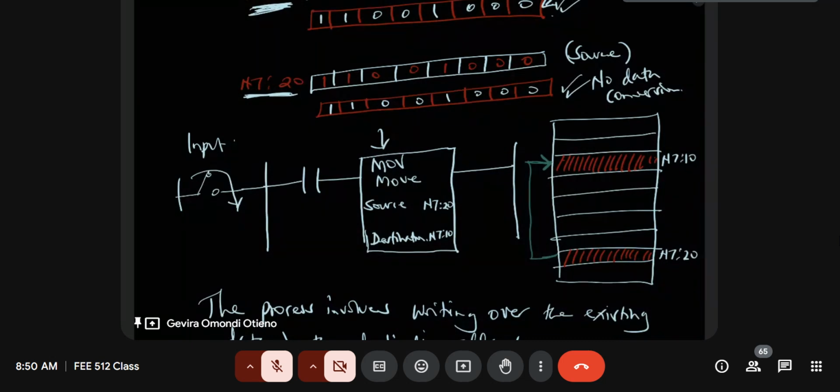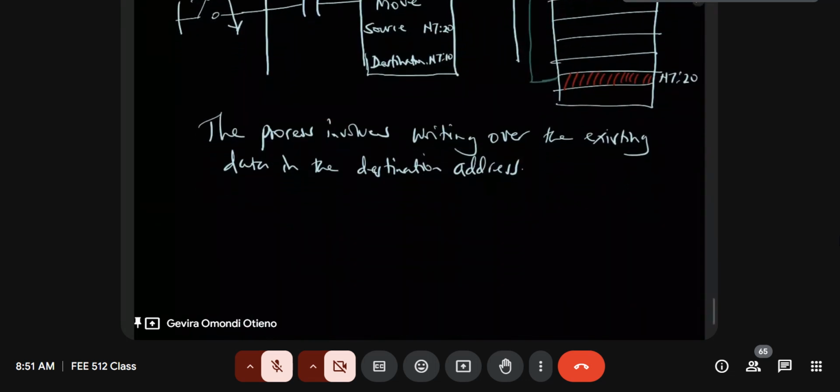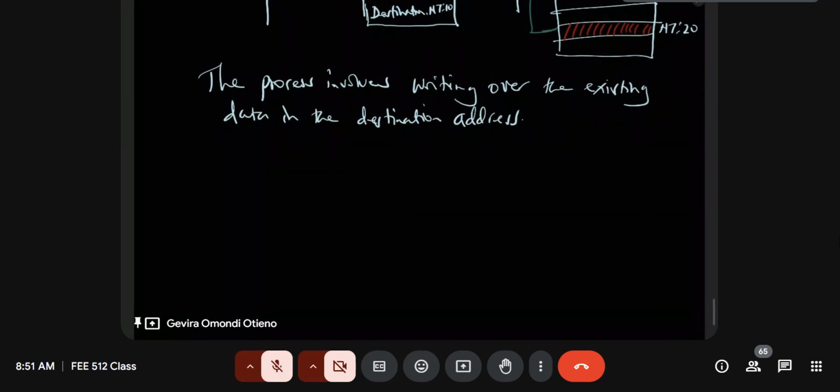That's why I'm saying it can be executed unconditionally. You don't need previous conditions for it to work, but you can also work with it when you have certain input conditions to precede it. So I hope that is clear. That's important. Now, this is one of the most common commands that we have in PLCs. I will not make any other comment beyond that. That should be enough.